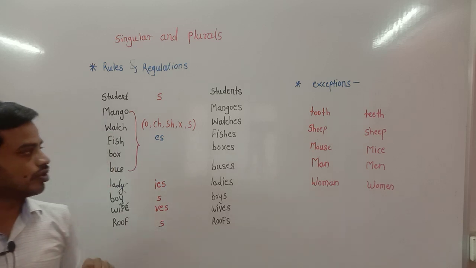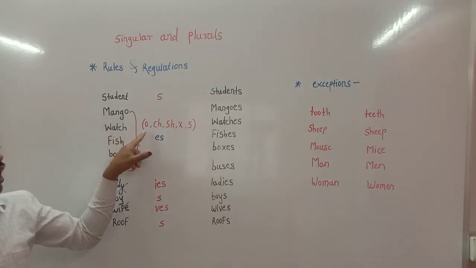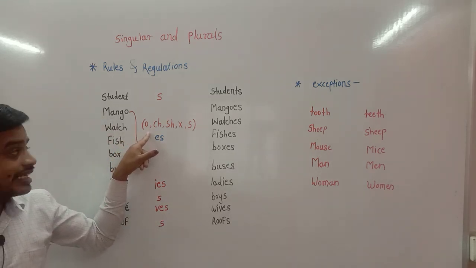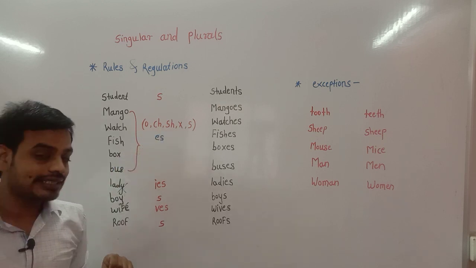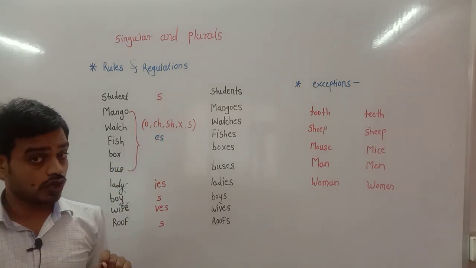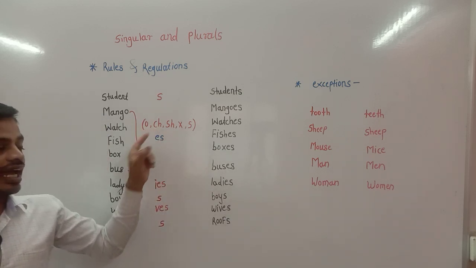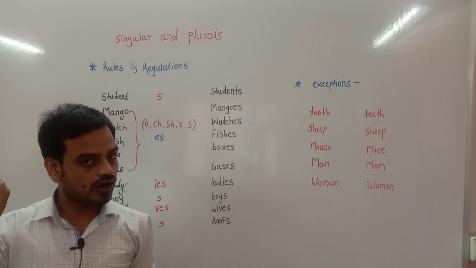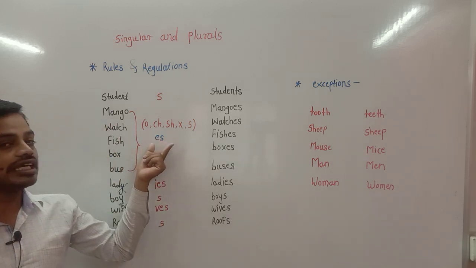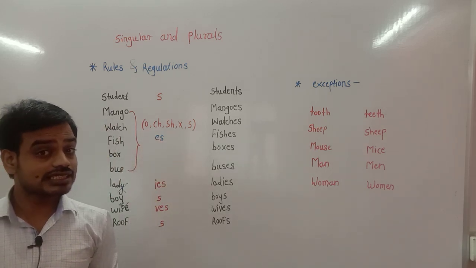Then the second rule: if a word ends with O, CH, SH, X or S, don't forget, then use only ES. Remember, that is the second rule.